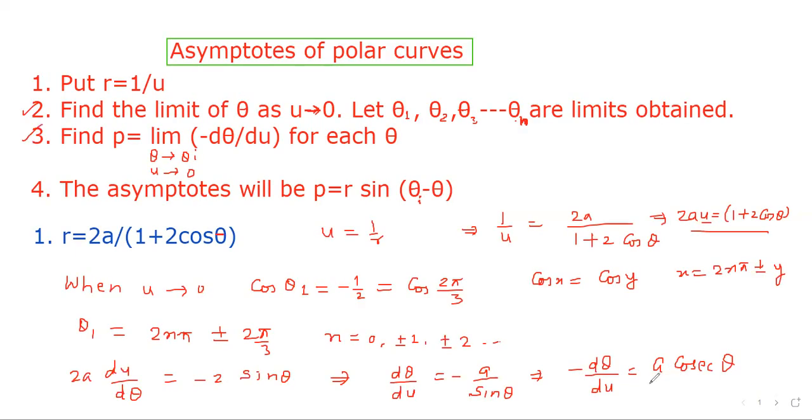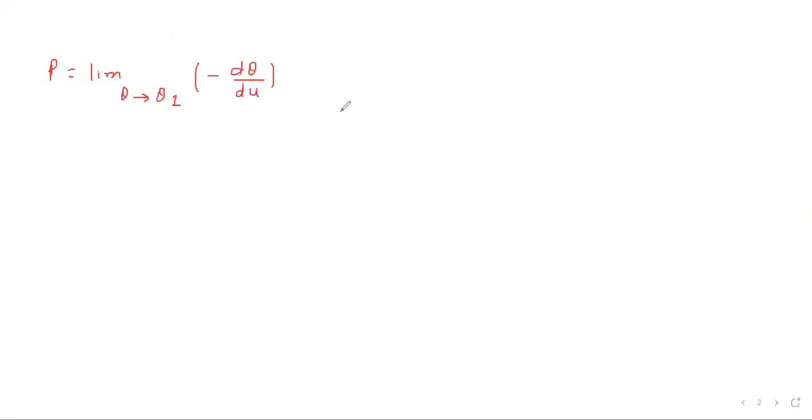So we write p equal to limit theta tends to theta 1 of minus d theta upon du. And we have got the value of minus d theta upon du as a cosec theta. So we write limit theta tends to theta 1, a cosec theta.